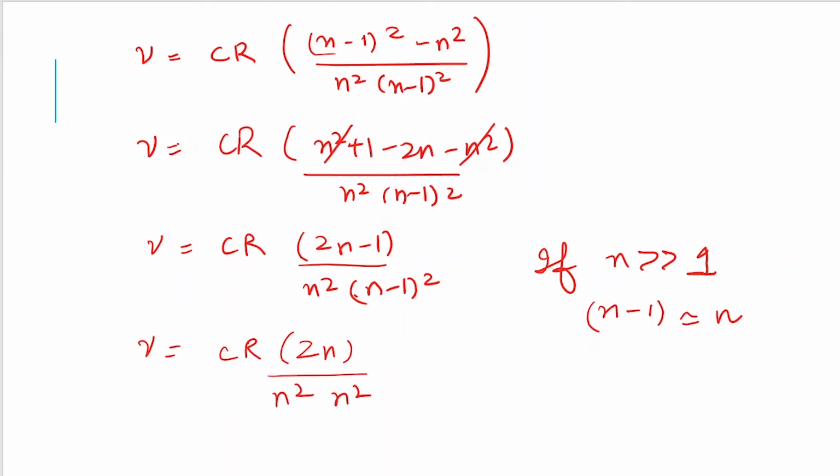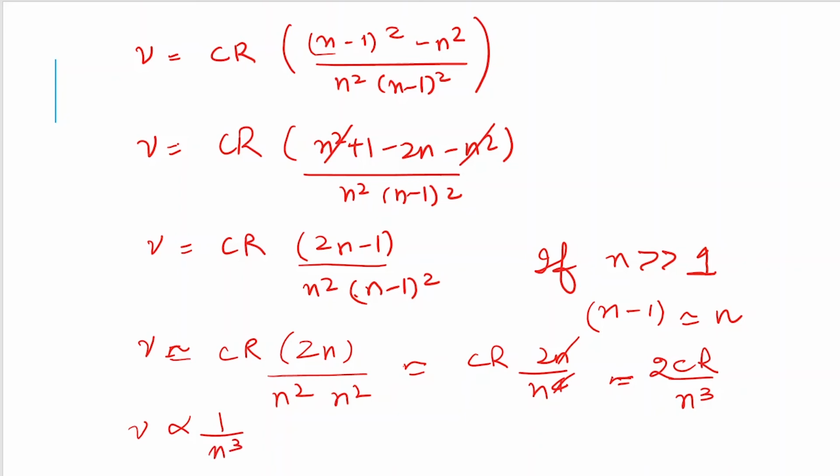So it is approximately C R times 2n over n to the power 4. So it comes out to be 2 C R over n cube. So our frequency dependence is 1 over n cube as it approaches the classical case.